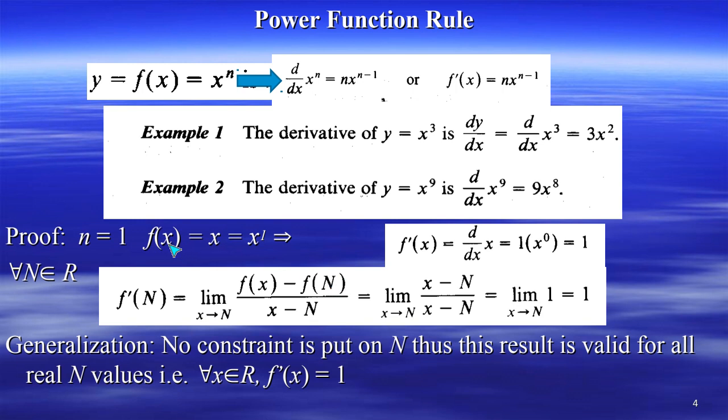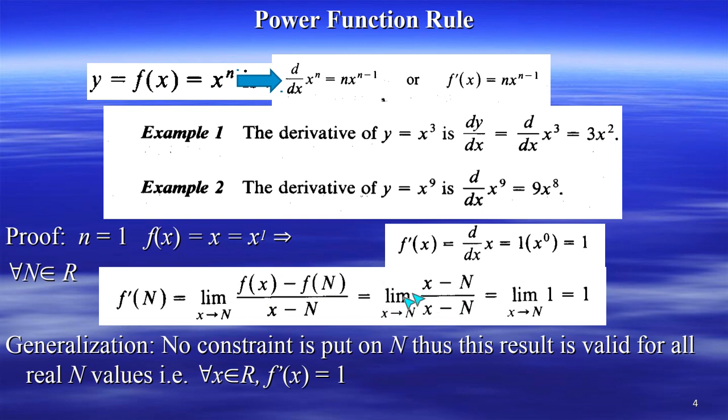What is the function itself? F of x equals x. So f of N is equal to N. So instead of f of x, we put x. Instead of f of N, we put N. So what we obtain at the numerator is x minus N. And what is at the denominator? X minus N.